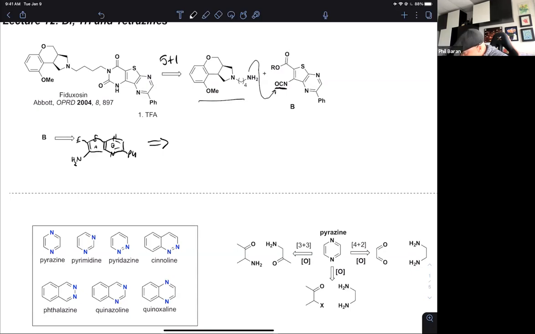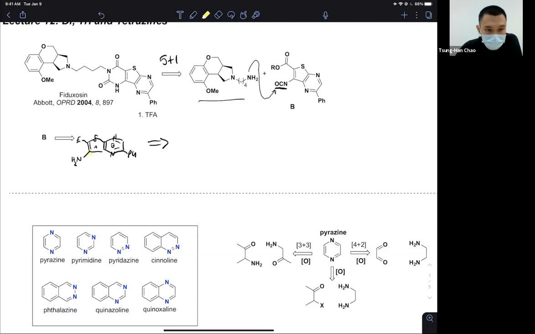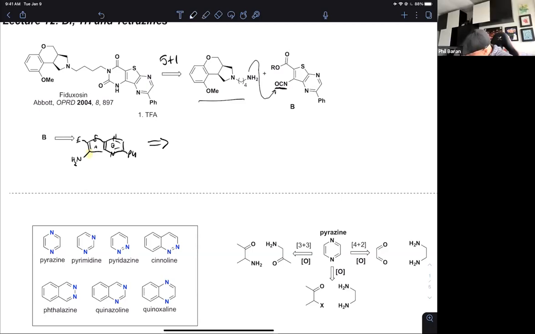And if we think of this as a thiophene or a benzothiophene, we look at it and we say, oh, well, this looks a lot like a Gewald disconnection because you can identify very quickly that this position here is your masked cyano group that's hiding. So we know that's a cyano from the many, many times we've mentioned this over the course of this series. And that gets us back right away to a disconnection right across here. And that leads us back to the intermediate pyrazine that you see right here.